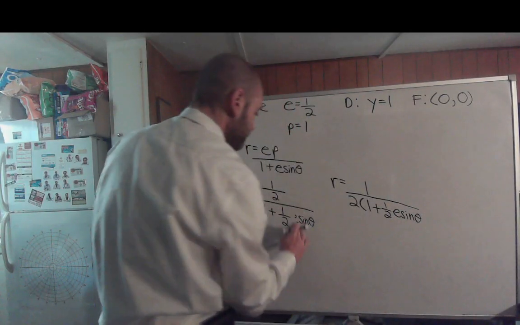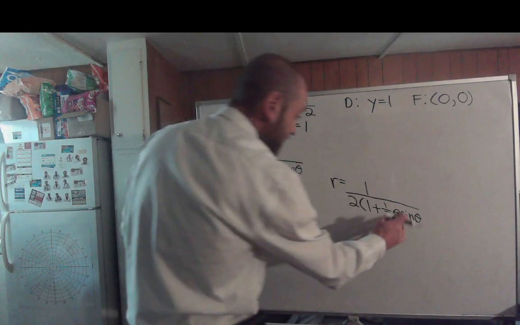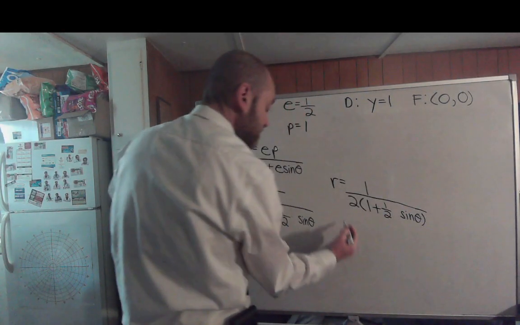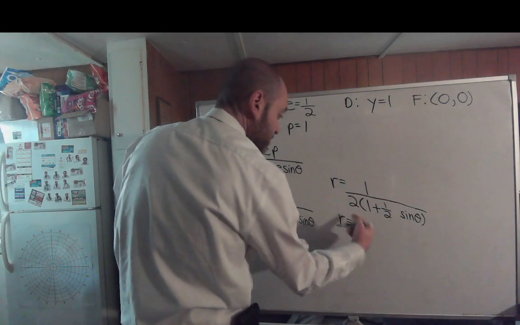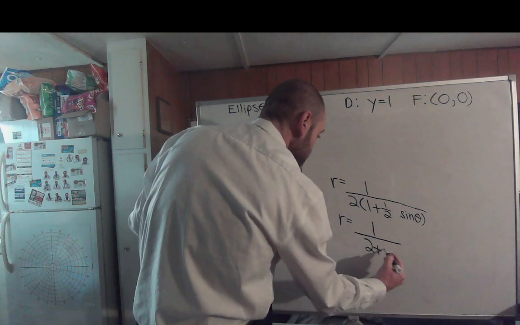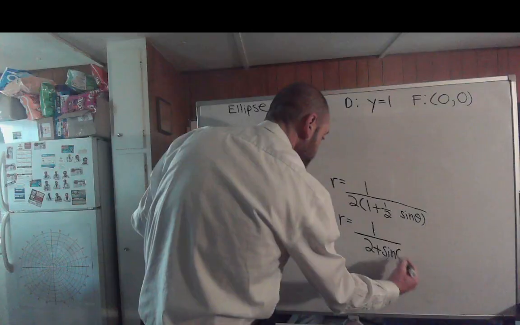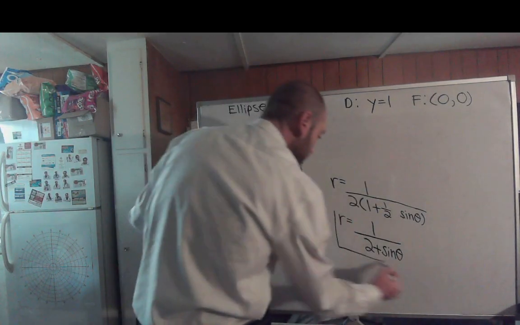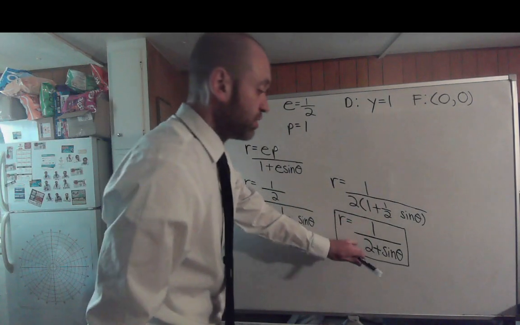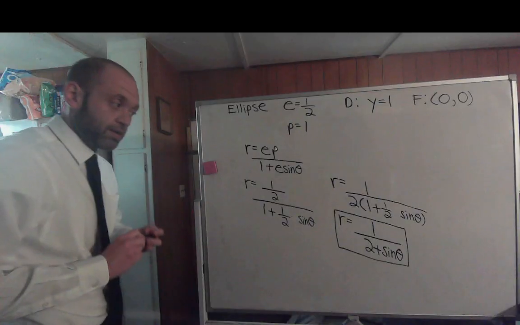Or actually, the e is gone because your e is 1/2. I don't know why I keep putting e. So then r would equal, when you distribute the 2, 1 all over 2 plus sine of theta. So the polar equation for this particular ellipse is r equals 1 all over 2 plus sine of theta.